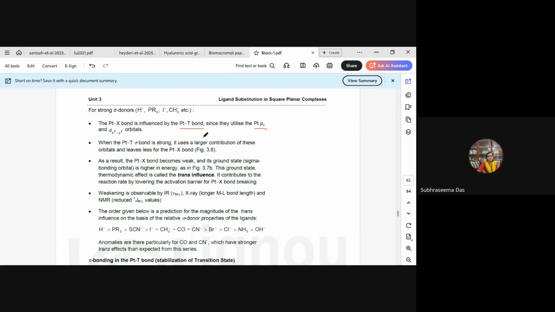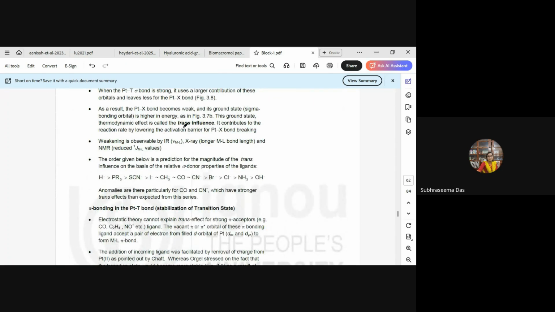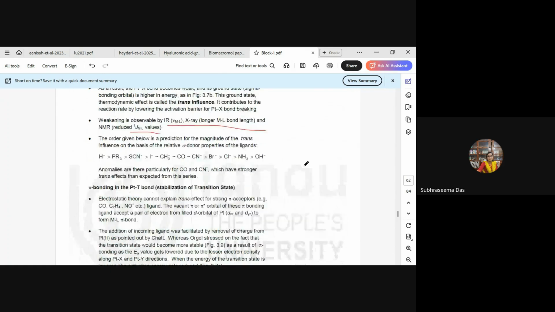So once the Pt-X bond becomes very weak, its ground state, that is the sigma bonding orbital, becomes higher in energy. So now this ground state effect is called the trans influence. So then weakening is observable. Such weakening has been observed by different analytical techniques.